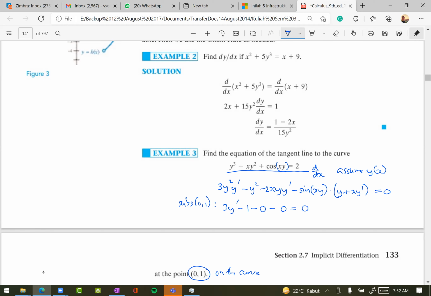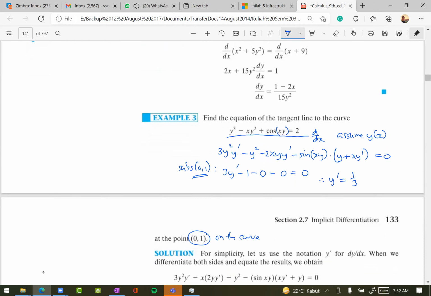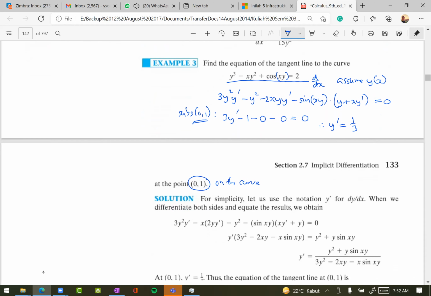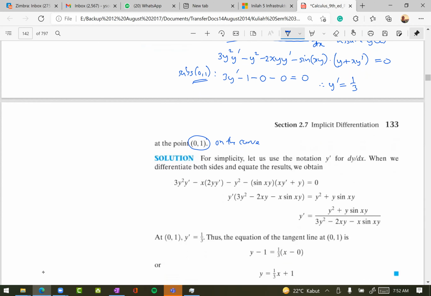All right, so then things disappear. It turns out, let's see, with 0, 1, move this 1 to the right. Minus 1, so it becomes plus. So eventually we get y prime is 1/3 at this point. Okay, so that is what we mean by implicit differentiation.